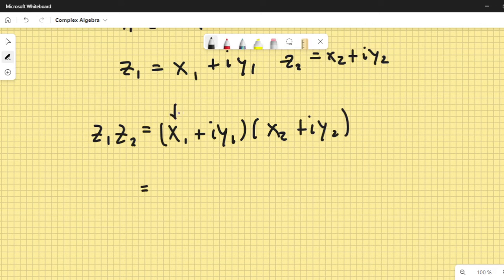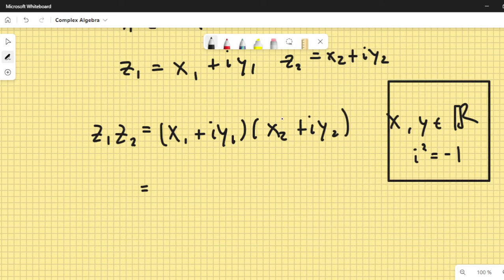Remember that x and y are real numbers, and in order to compute this product, you only have to respect that the square of i is -1. This is an amazing property. You may proceed as in any calculation with real numbers, just respecting that i squared is -1.